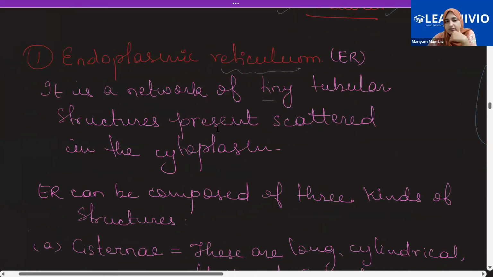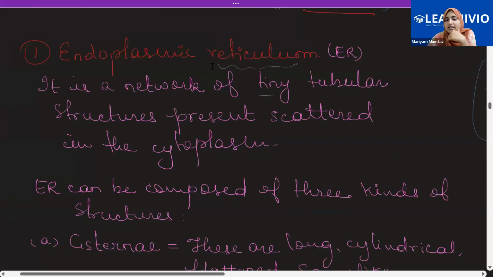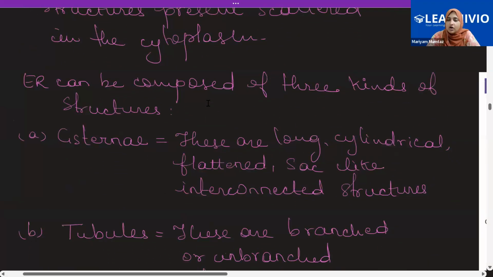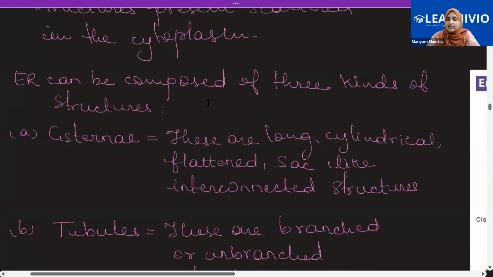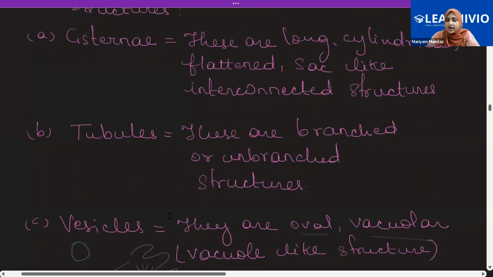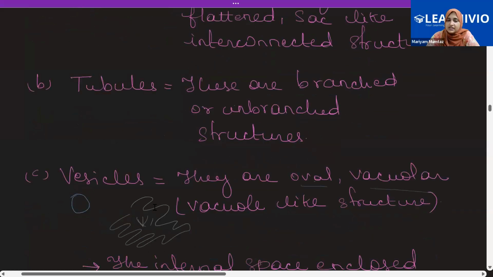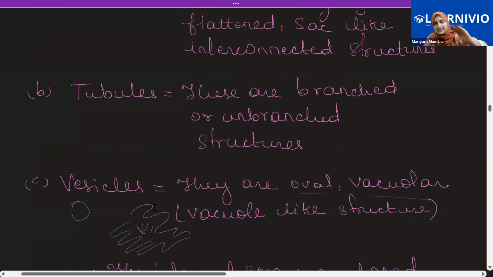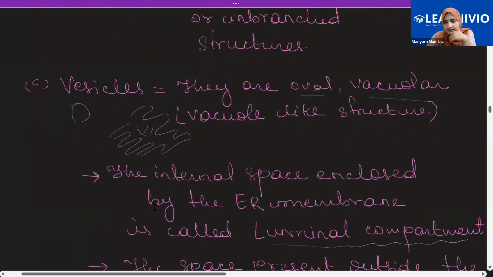It is a network of tiny tubular structures scattered throughout the cytoplasm of the cell. It is made up of cisternae, which are long, cylindrical, flattened structures, then tubules, which are branched or unbranched structures, and vesicles, which are oval, vacuole-like structures. These three structures together make the endoplasmic reticulum.